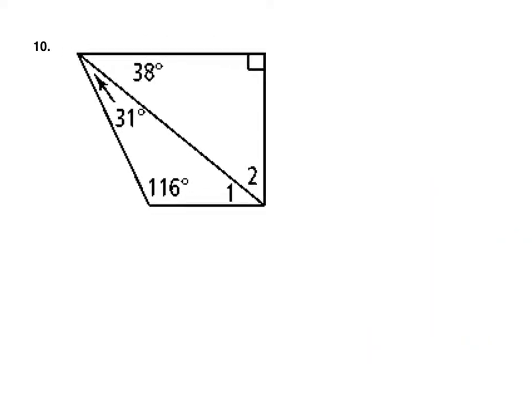Let's start again. I have a right triangle up here. So the measure of angle 2 plus 38 equals 90 degrees. Minus 38. The measure of angle 2 equals 52 degrees.